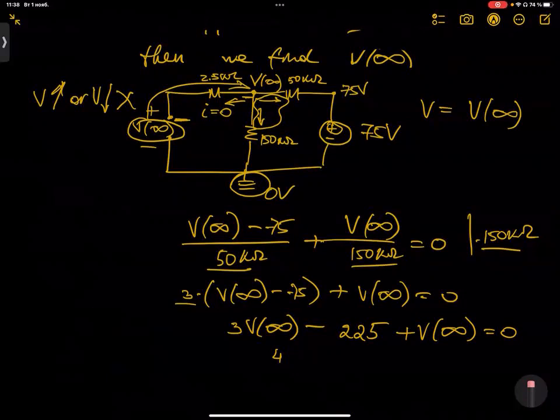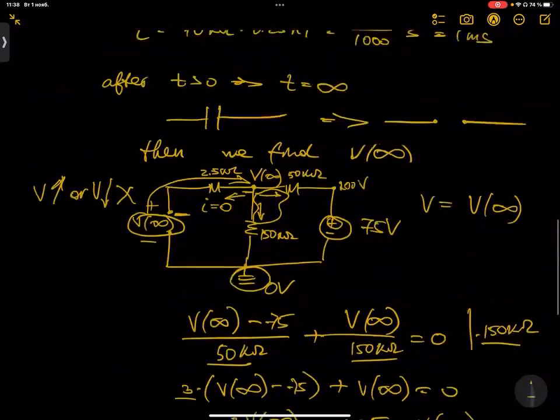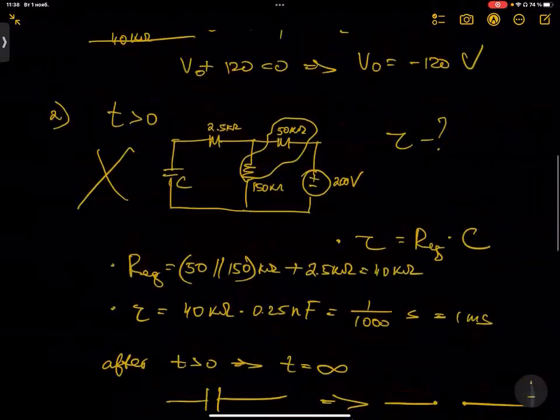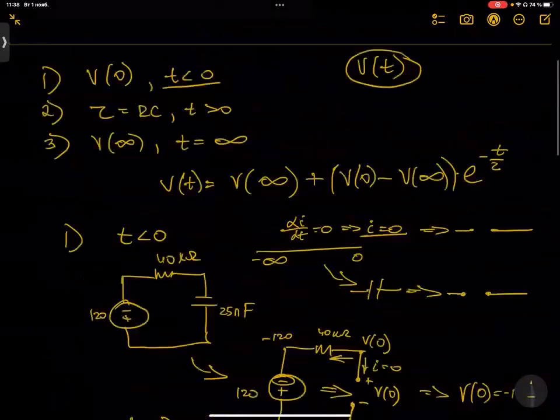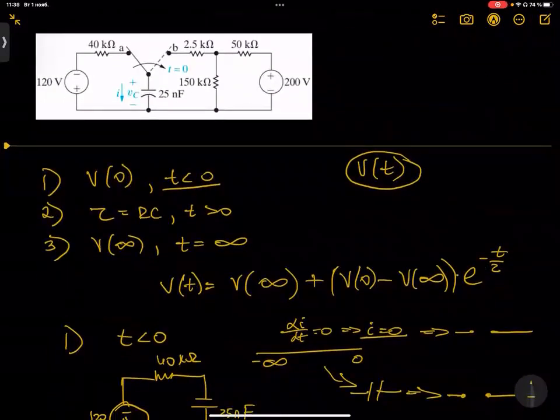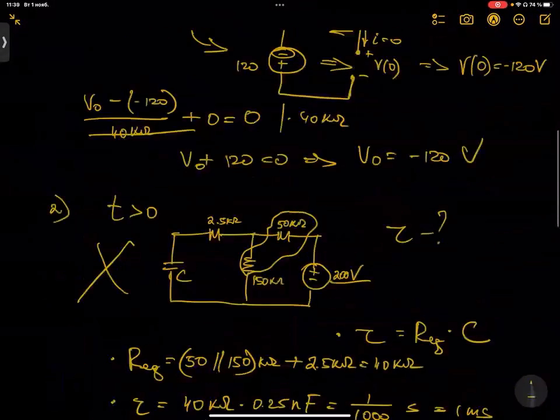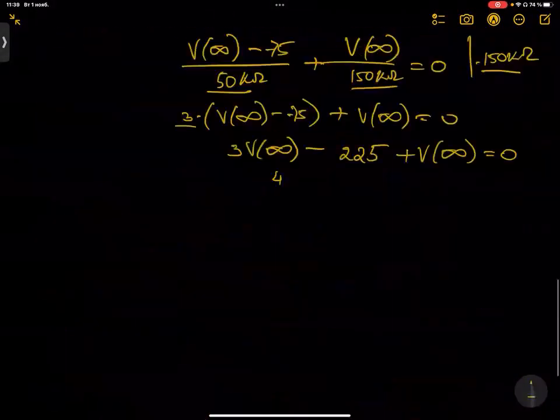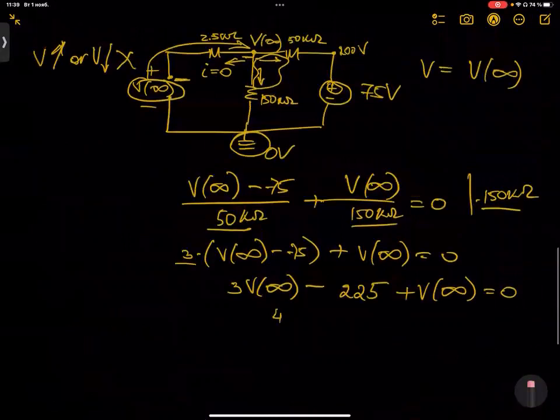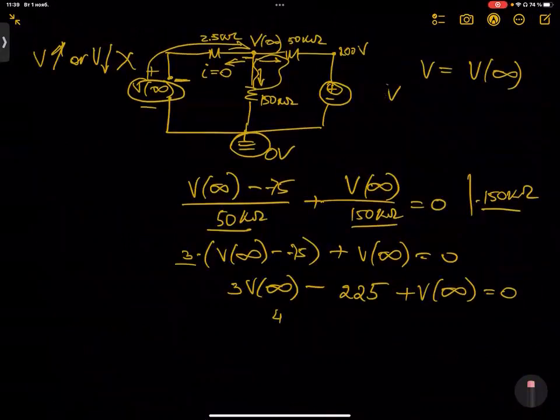Are we doing everything correctly? Actually, there was not 75. Sorry, there was 200, right? Initially, yes, 200. Here it is 200, as you can see. So let's put 200 instead of 75. I just realized that something was going wrong.